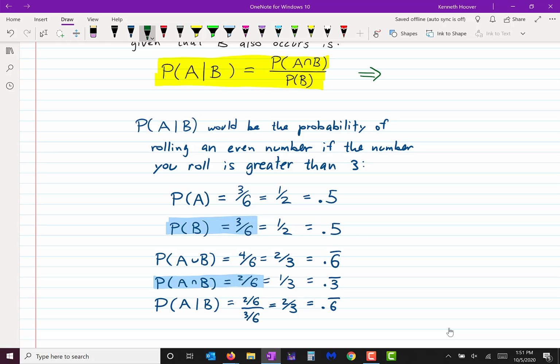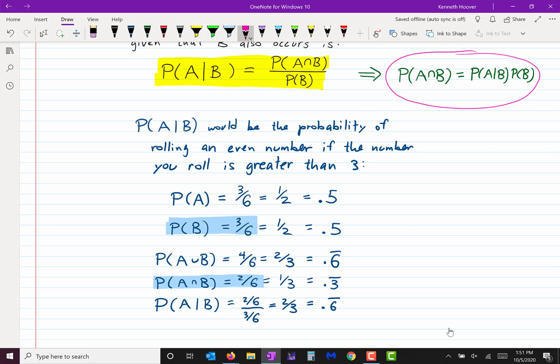If you multiply both sides by the probability of B, we could also say this. The probability of A intersect B is equal to the probability of A given B times the probability of B. And that's useful to remember sometimes too.